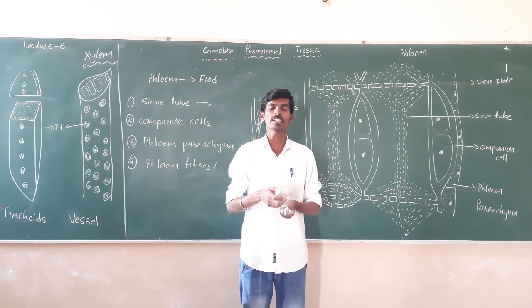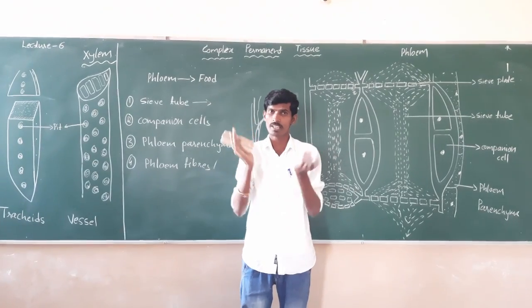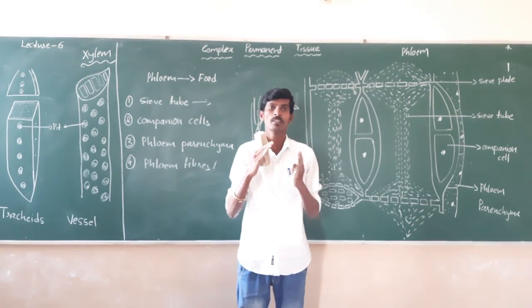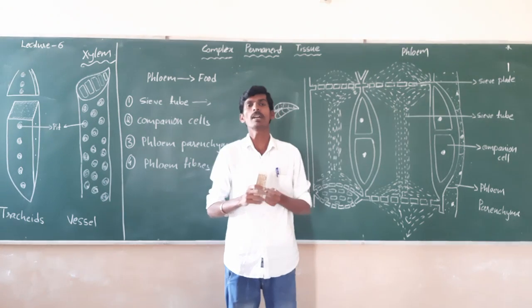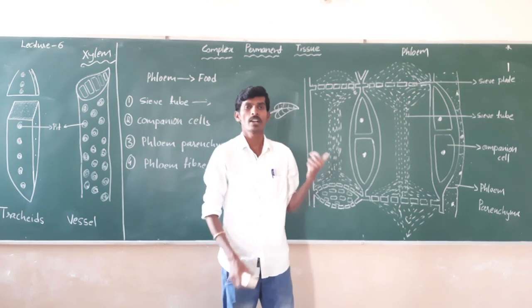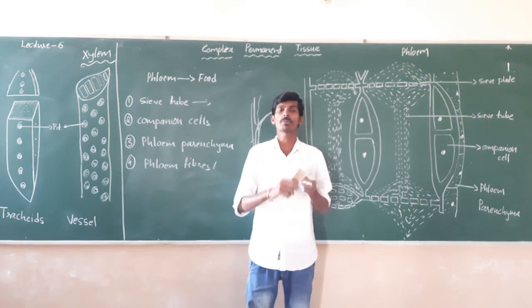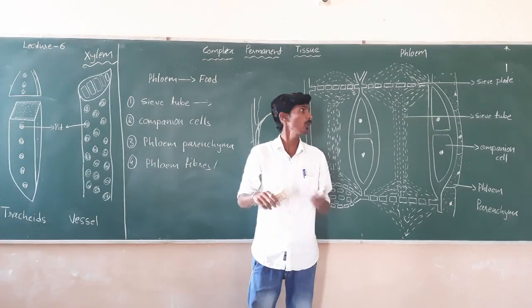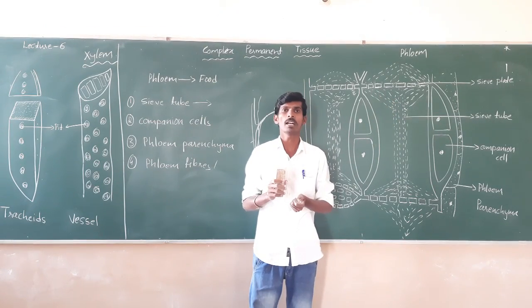Okay, xylem is the water conducting tissue, and phloem is the food conducting tissue. This conductive tissue consists of vascular bundles. It forms a bundle-like structure. Xylem and phloem together are called vascular bundles. It is the most important permanent tissue for the survival of the plant, because without phloem and xylem there is no survival of the plant.